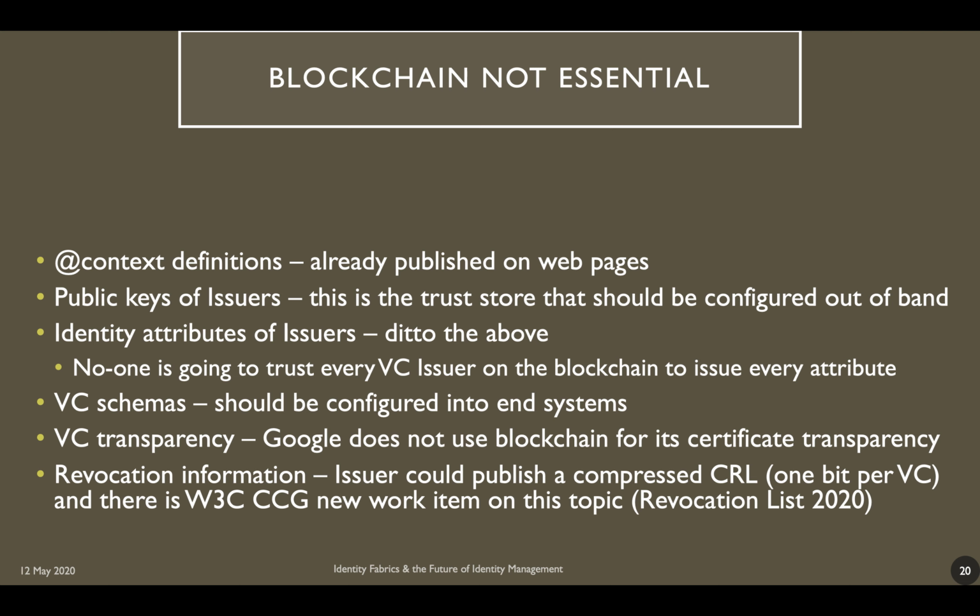That's also been proposed for a blockchain, but there's a new work item in the CC working group to produce open source code for a compressed revocation list, 1 bit per verifiable credential, that again won't be published on a blockchain. So whilst a blockchain could be used for meta information, there's no requirement to use it, and in fact all the pieces of meta information that are needed can actually be handled without using a blockchain.